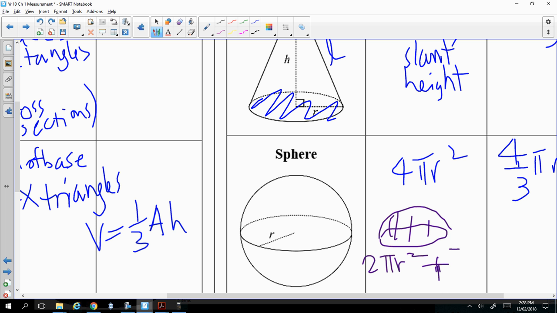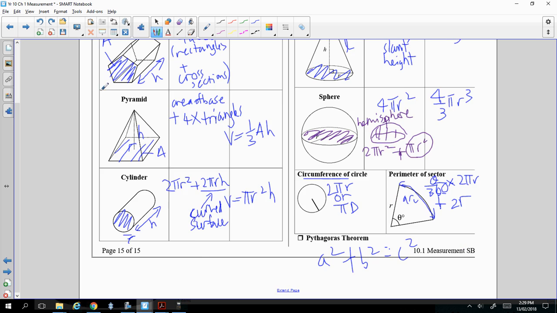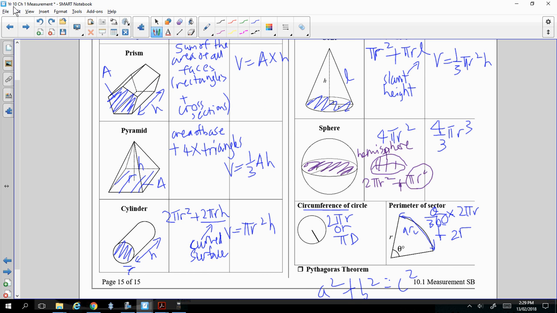Okay, that's for the hemisphere. Depending on whether the hemisphere is open or not, if it's open, you don't include the pi r squared. If it's closed, you have to include the pi r squared. All right, any question? Which becomes 3 pi r squared. Done.